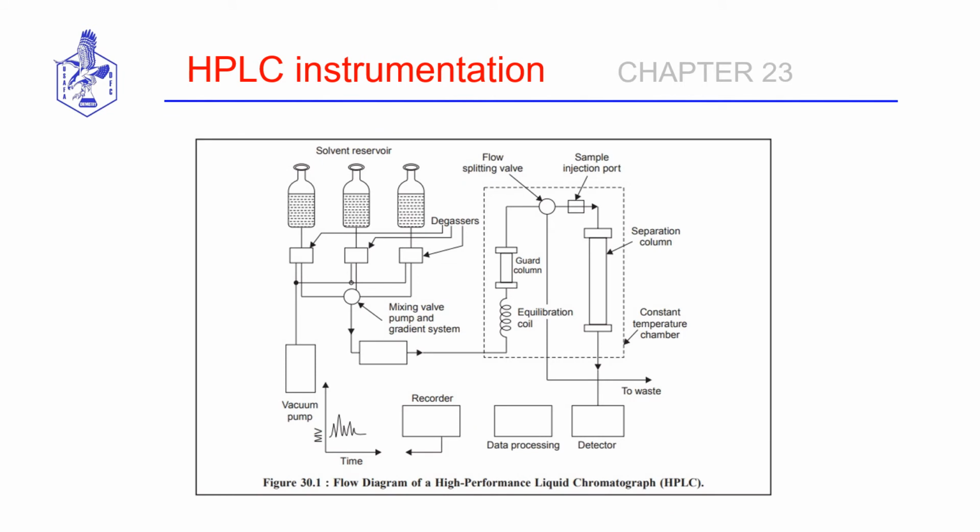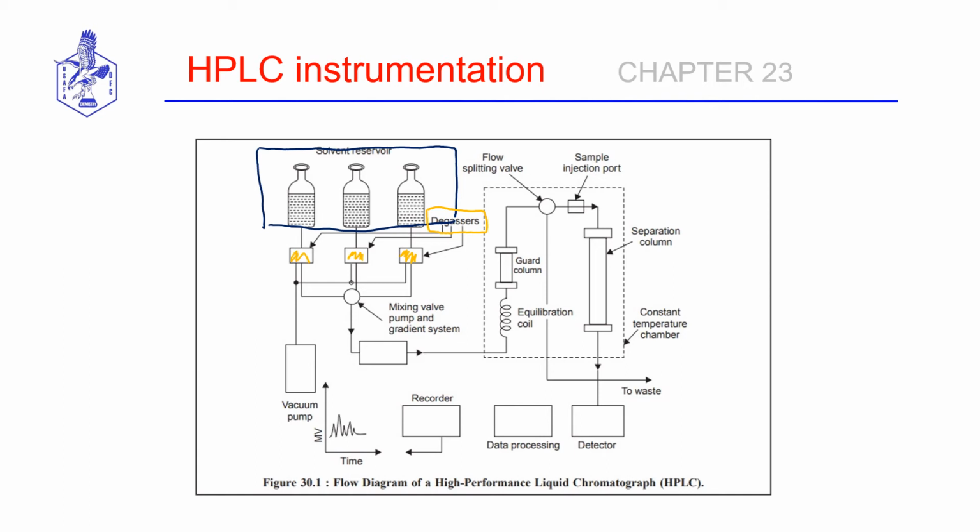This slide is a schematic diagram of the components within our HPLC instrument. As I mentioned, we have a number of bottles that contain the various solvents we're going to use in our mobile phase and potentially a buffer solution. Once again, it's critical that we have a degasser to remove gas from each and every one of these solvents. Gas bubbles are going to disturb the packing in our column and ruin it, which is disastrous, so we can't let that happen.